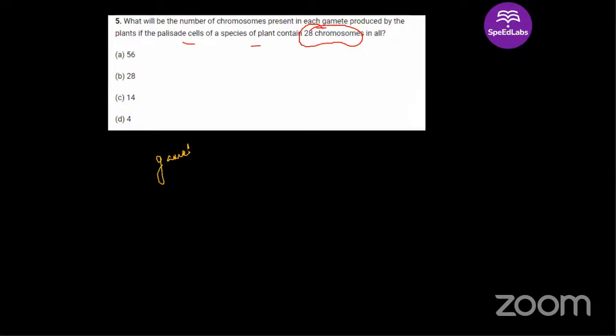Gametes are going to have half the number of chromosomes as compared to that of the general body cell. The number of chromosomes given in the question is of palisade cells. Where do we find palisade cells?